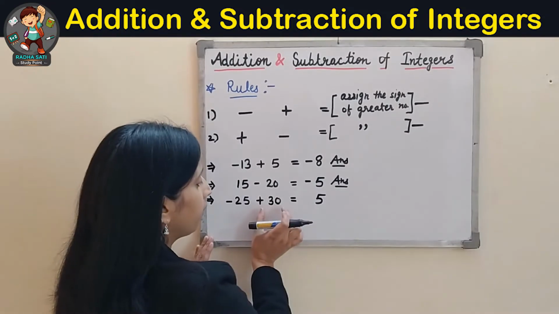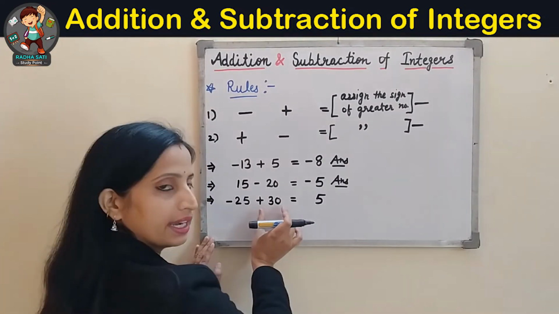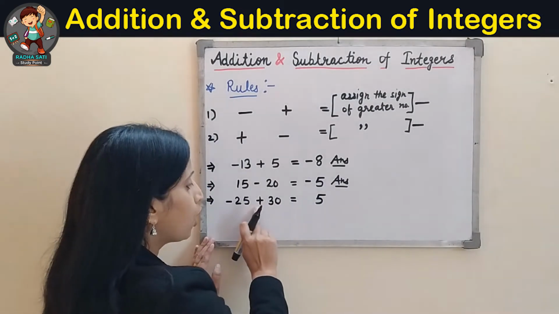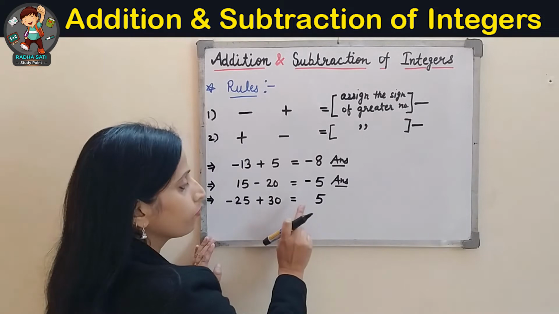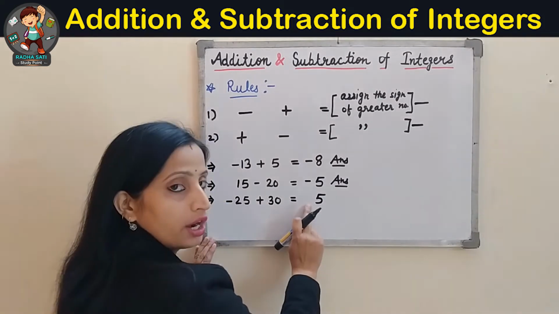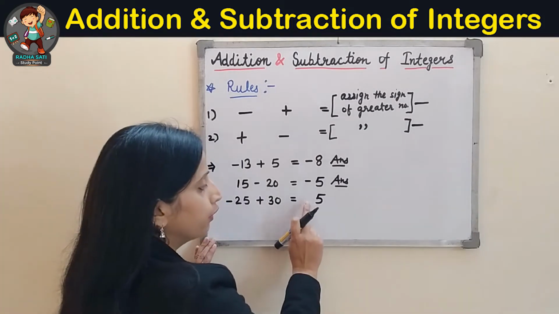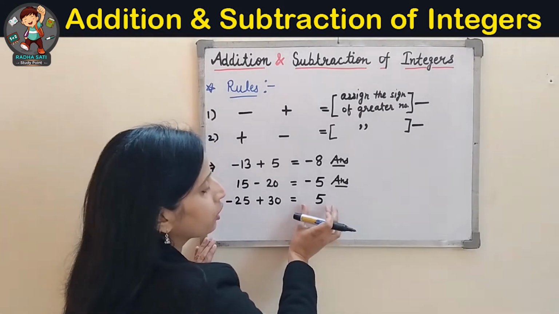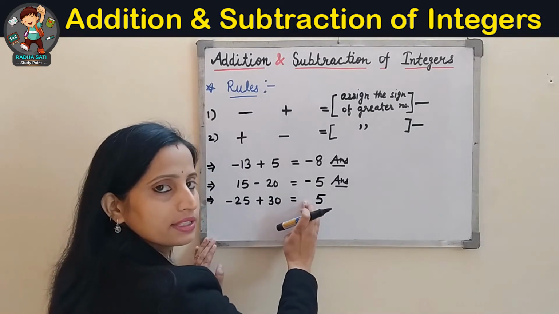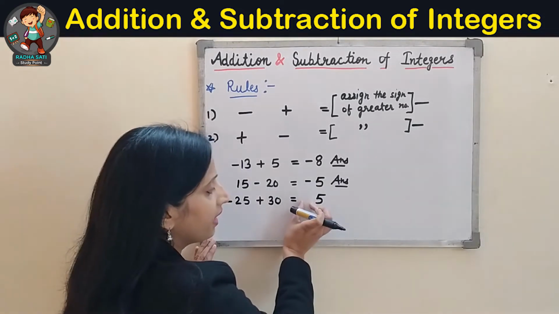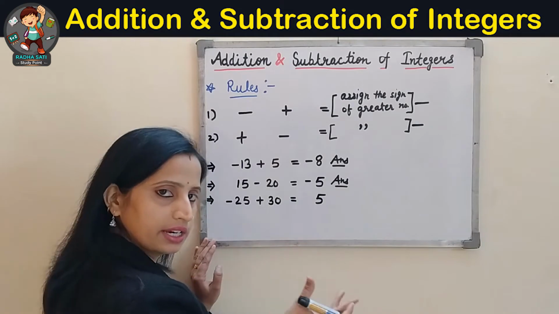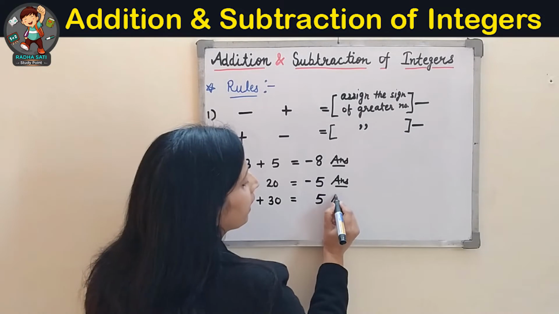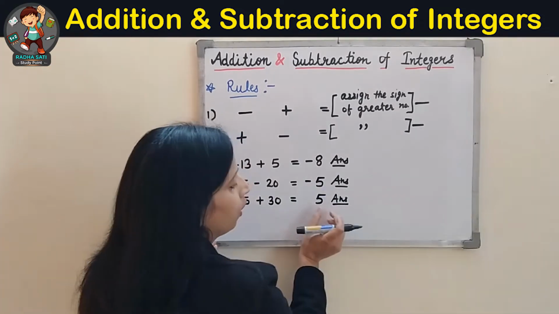From 25 and 30, we can see that 30 is greater and it's a positive integer. There is a positive sign before 30. So, this means a plus sign should come here, but we don't put the plus sign because if a number is not having any sign, it means a positive sign is hidden there. It's a positive integer itself. So, no need to put the plus sign here. Our answer will remain 5 only.